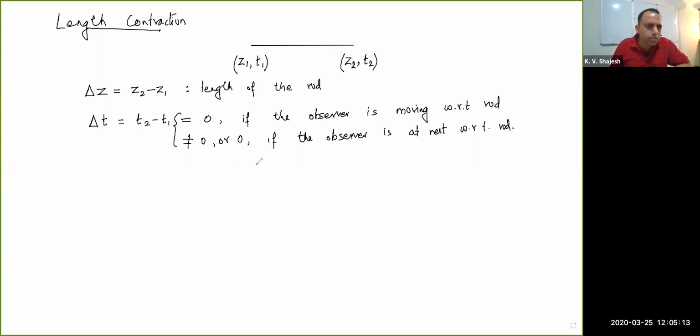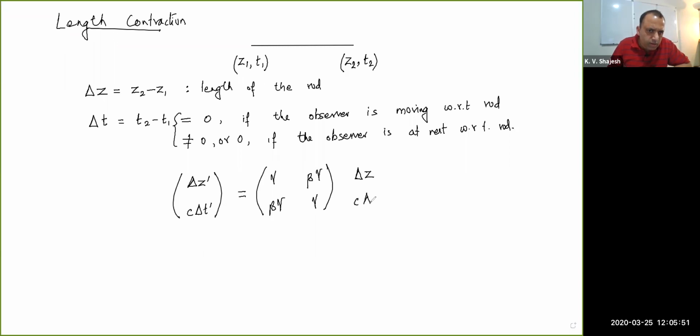With this methodology in mind, let's pretend that we have two such observers. One is at rest, one is moving, and we know using Lorentz transformation that these measurements are related by the Lorentz transformations. That's gamma, beta gamma, beta gamma, and gamma, acting on delta z and c times delta t.